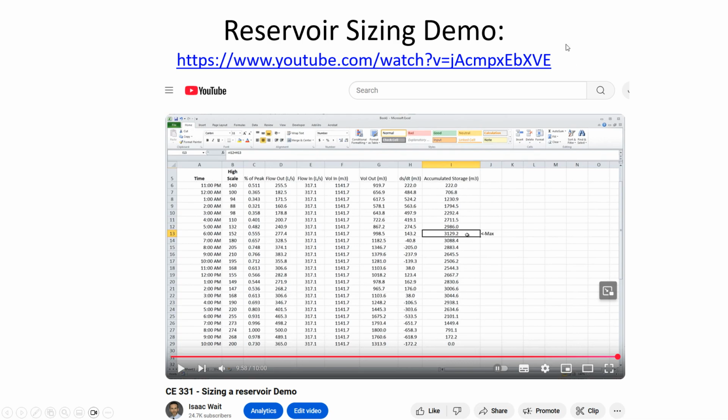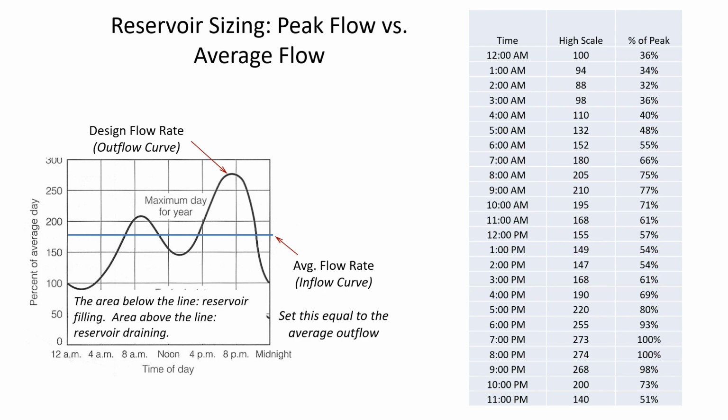All right. So any questions before I turn you loose to watch that video sometime after class? Any questions about the purpose of the reservoir? The basic concept is we want to know hour by hour how much water is in the reservoir. And then you know how big the tank needs to be built.